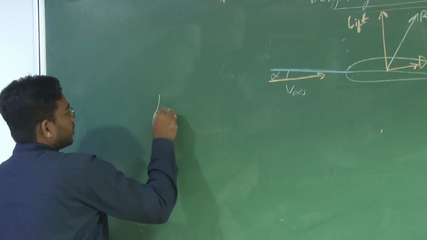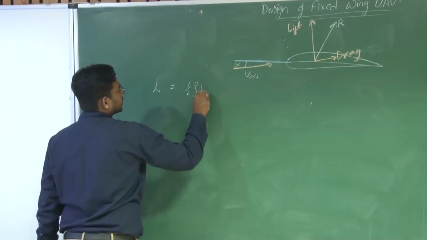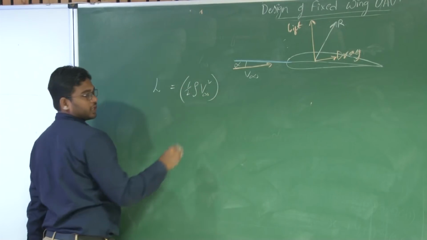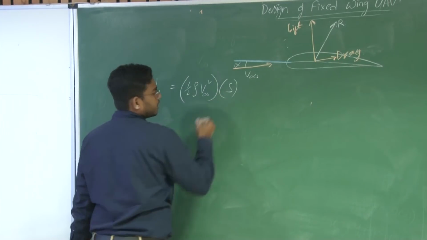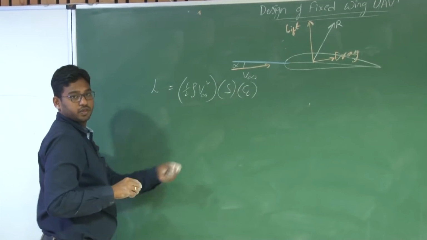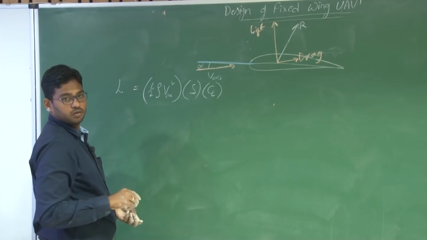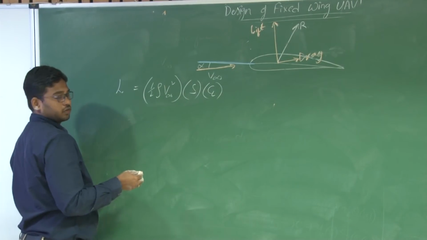So let us denote L represents the lift here, which is expressed as half rho v square, the dynamic pressure, times reference area, times the non-dimensional force coefficient called CL. CL is the lift coefficient. Right?